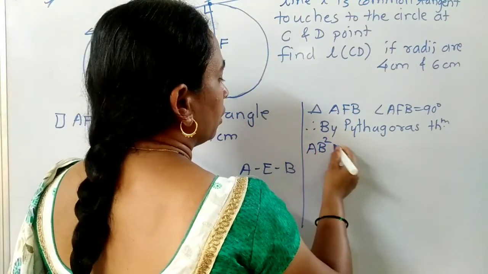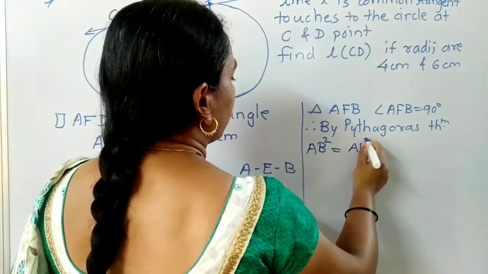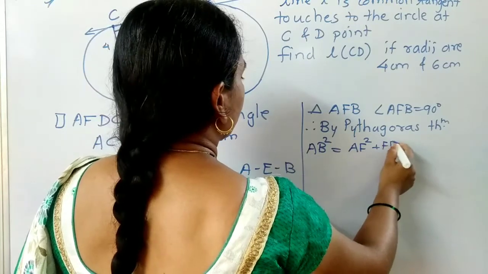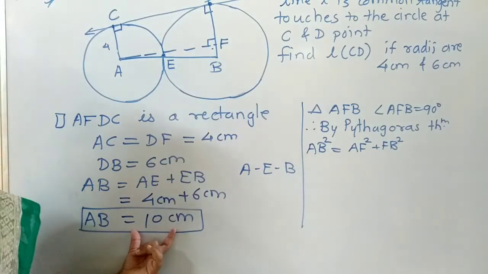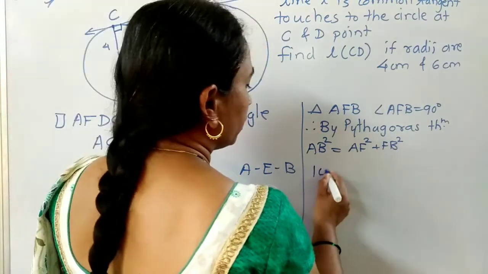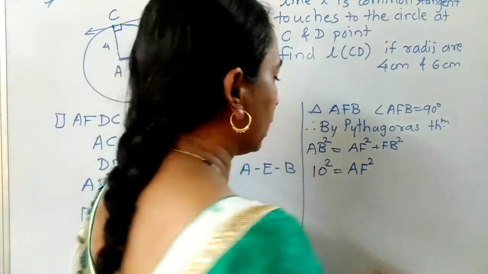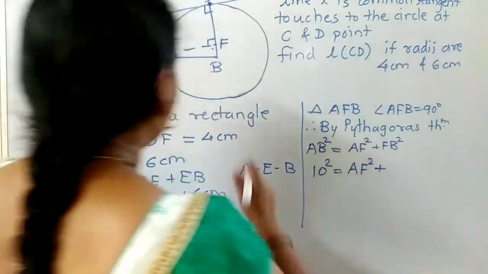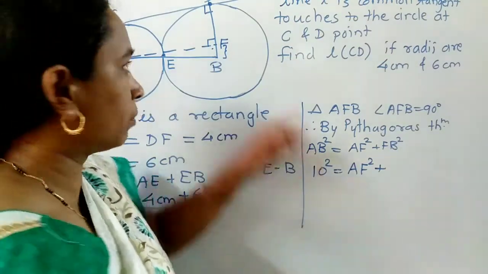So AB square is equal to AF square plus FB square. AB is 10 centimeters, so 10 square is equal to AF square, which I have to find out, plus FB square. FB is a smaller part of segment BD.